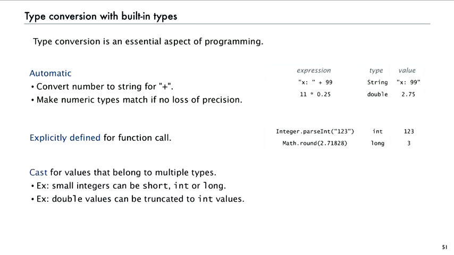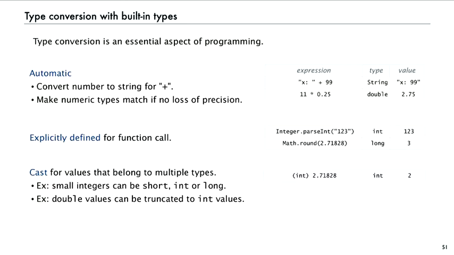And then there's a third type of type conversion called a cast. That's what we use for values that belong to multiple types, like small integers, like 2 or 12, can be either short, int, or long. And also double values, we can truncate them to int values. Sometimes that's what we want to do in the computation.